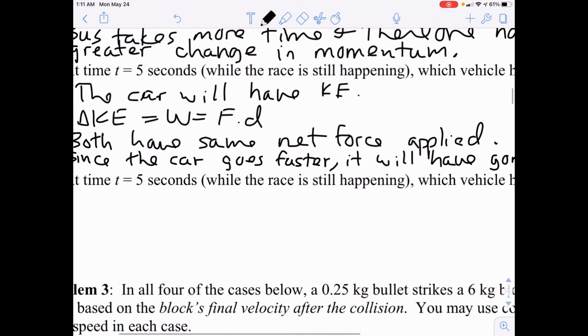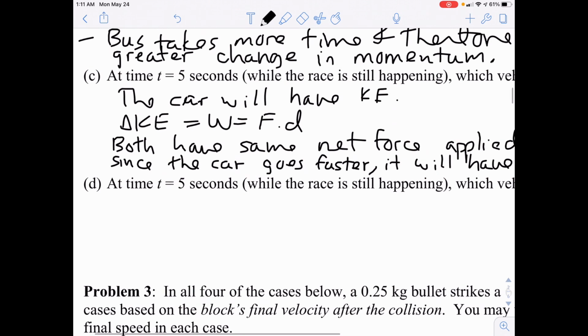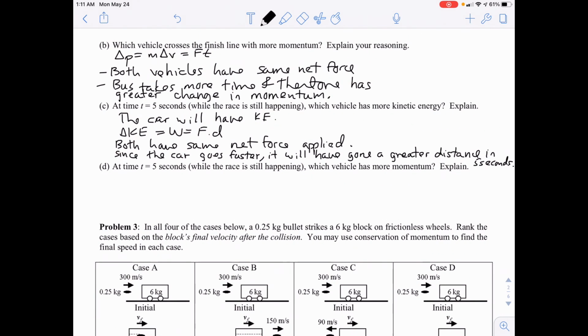So since same net force, the car goes a greater distance in that 5 seconds, which means more work is done by the car in 5 seconds, which means it'll experience a greater kinetic energy after 5 seconds.